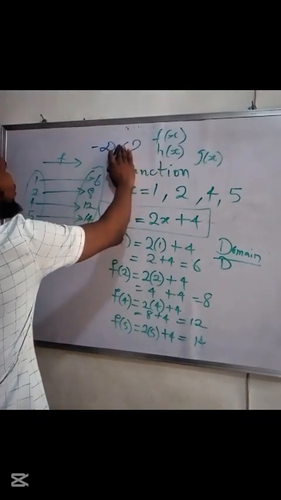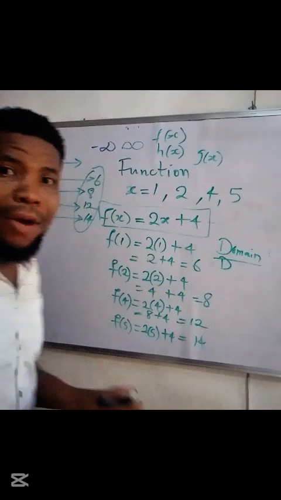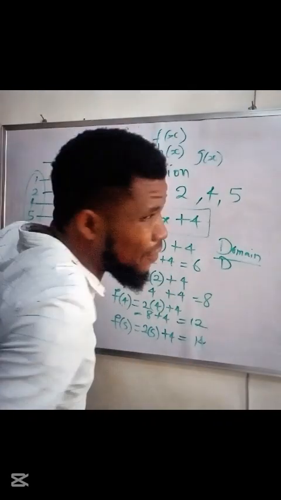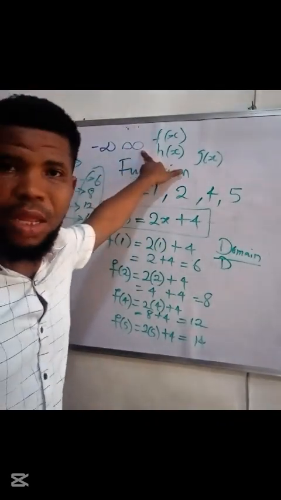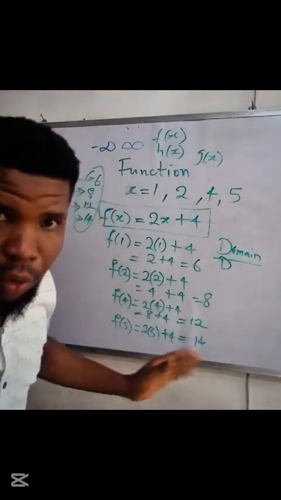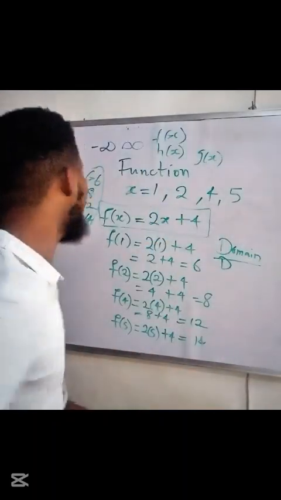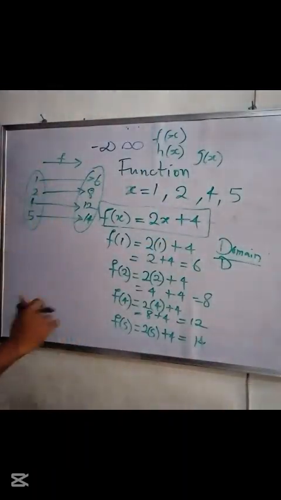Then you have positive numbers as well. So that's positive infinity. So real numbers is coming from minus infinity to positive infinity. So let's say from minus million to 0, 1, 2, 3, 4, 5, 6, 7, 8, 9, 10. You understand? So it's a set of numbers.